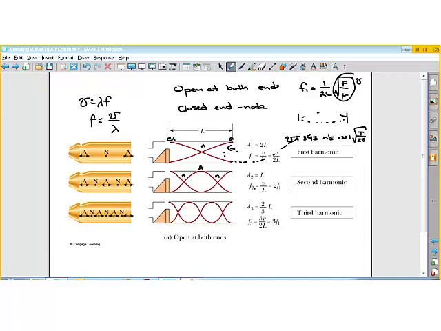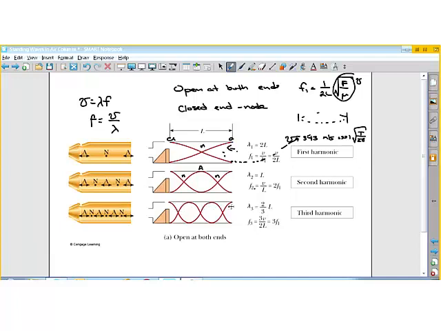The next option is you put another node in there, so you got 1, 2, 3 nodes. So you have to have, again, antinodes at the end because it's open, and then you have 2 more antinodes here. So if you look at it, we've got 1 full and a half, so there are 3 halves of a wave.